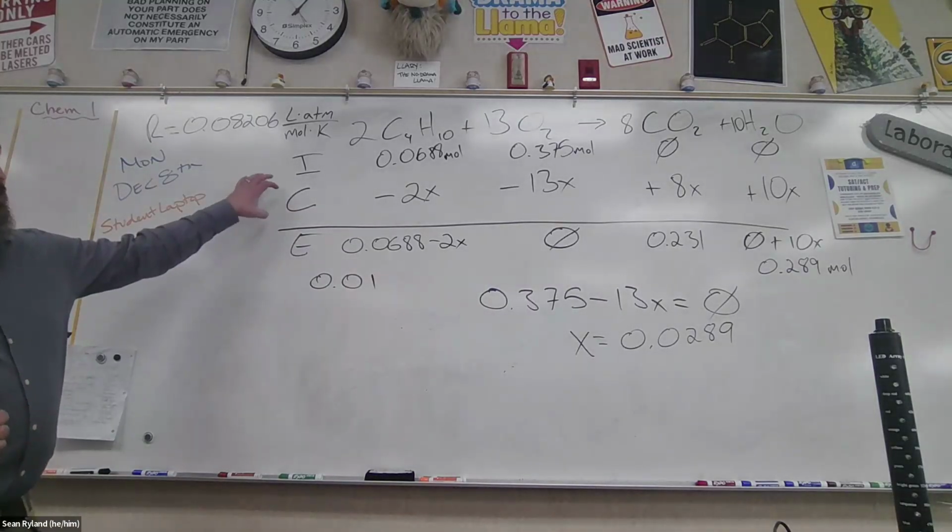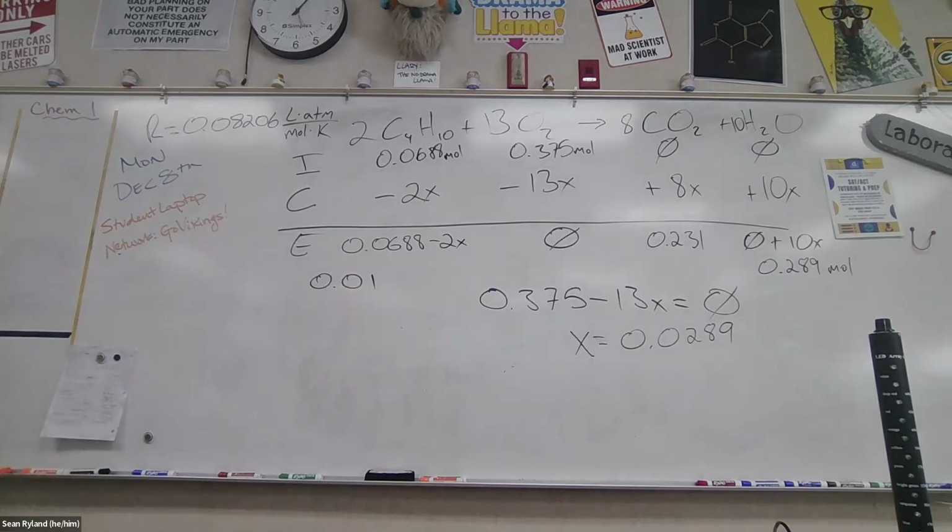Right, so could you have done this without using an ice table? Yeah. It just would have been a whole bunch of conversions and writing out your stoichiometry as a conversion step, the way we're used to doing it, right?